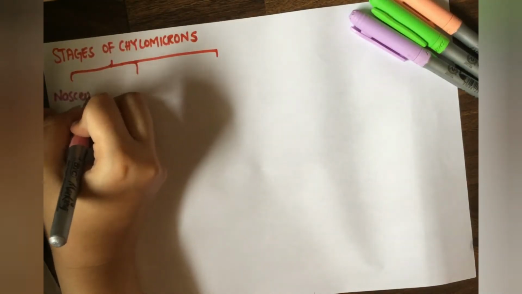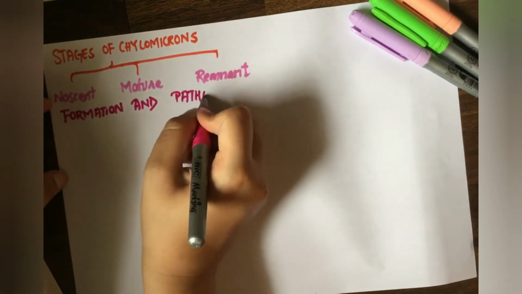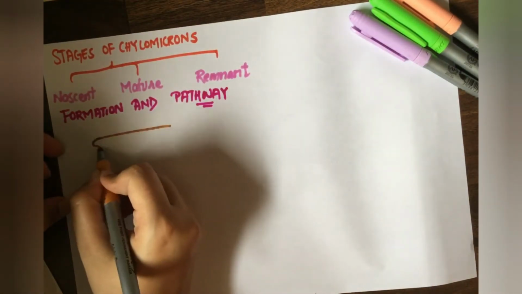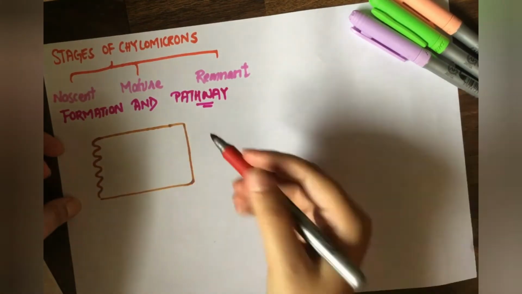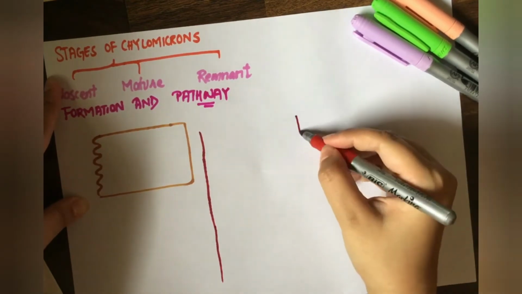Moving on, we have three basic stages of chylomicrons, which include nascent, mature and remnant. Now let's talk about its formation and pathway. There are 6 major structures through which this happens: the mucosal cells, blood, muscle, adipose tissue, liver and the lymph.